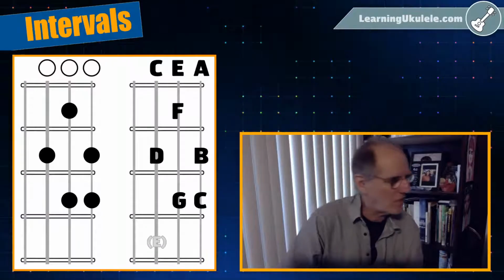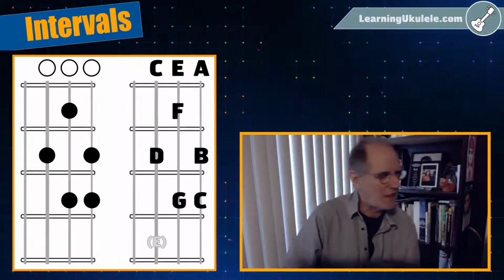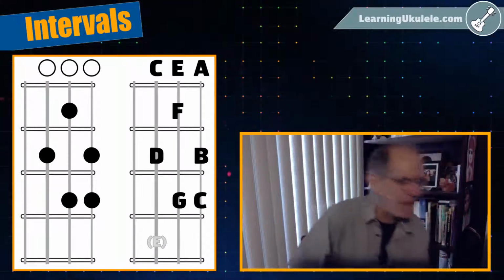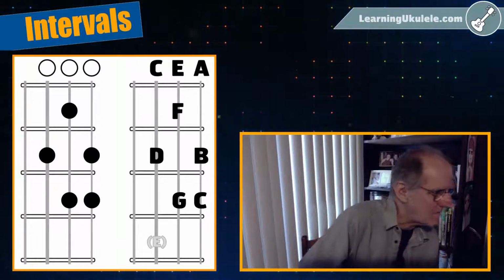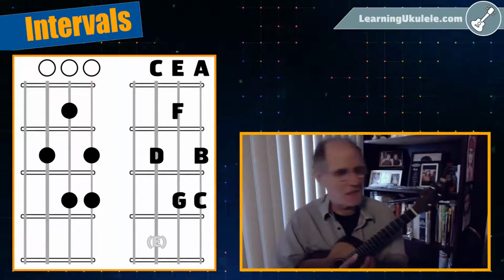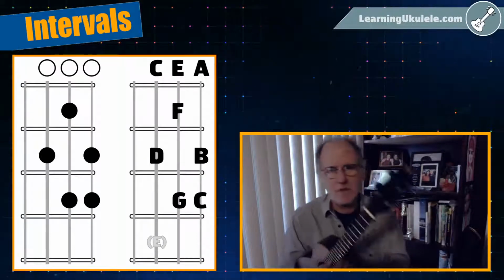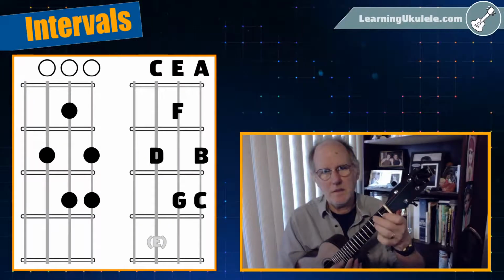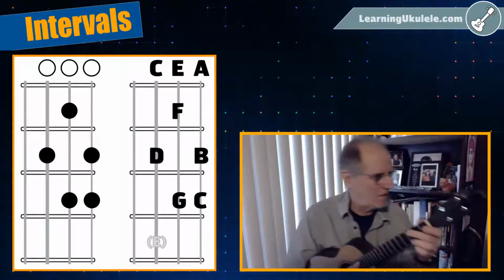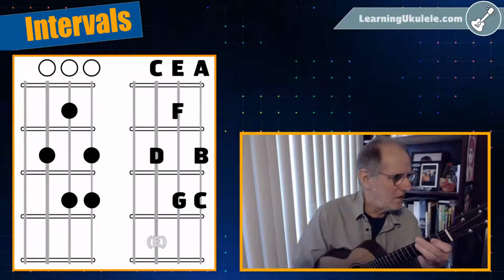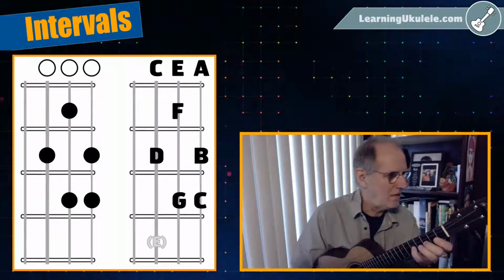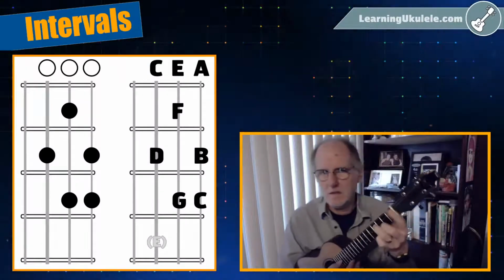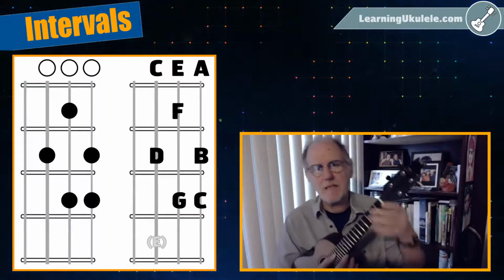It's the major third, so I would put a capital M3. Then it ascends a major second to this C. So it's a minor second, actually. Right? So I would master this.